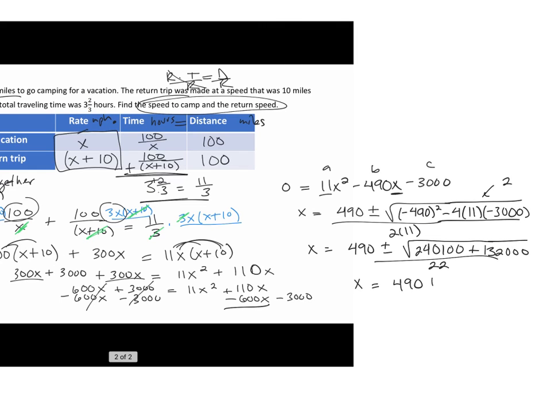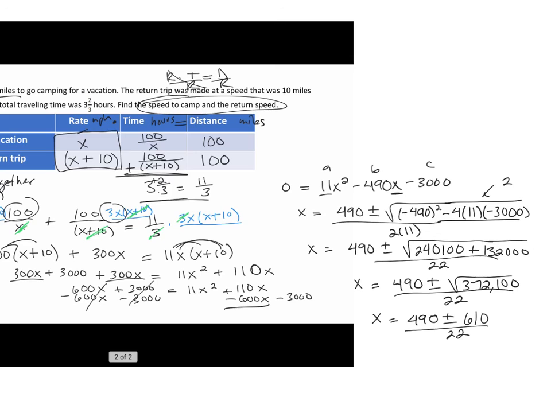So let's add together under the radical. 372,100 altogether, which actually is a perfect square. So we could have factored this, but those numbers were so big I wasn't feeling confident about that. The square root of 372,100 is 610.